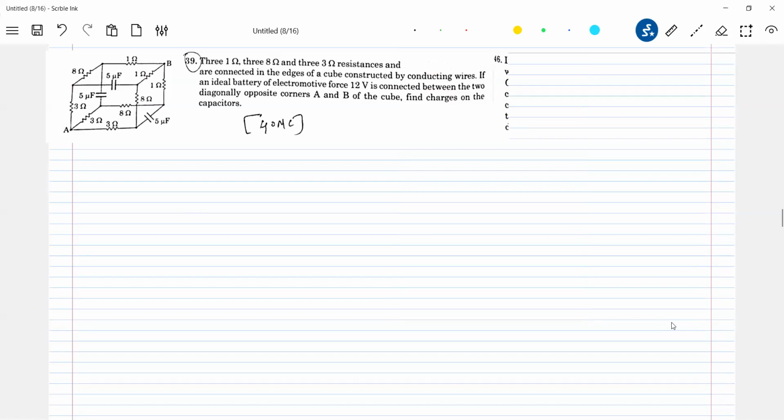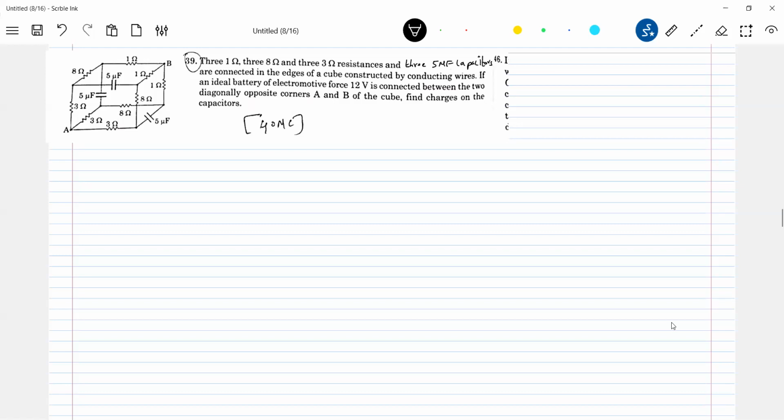Meanwhile, read the question. So you have to find the charge on the capacitors.